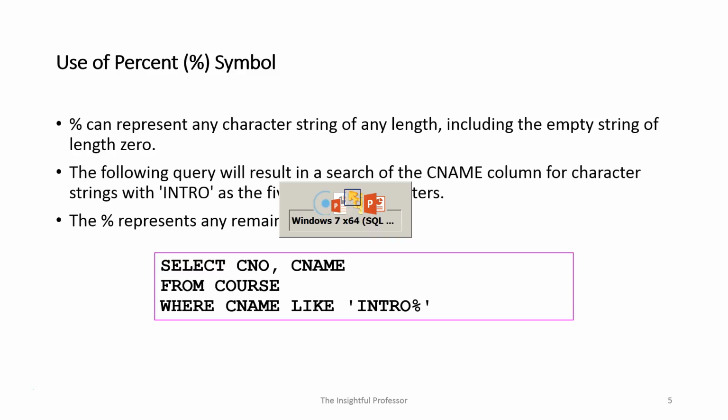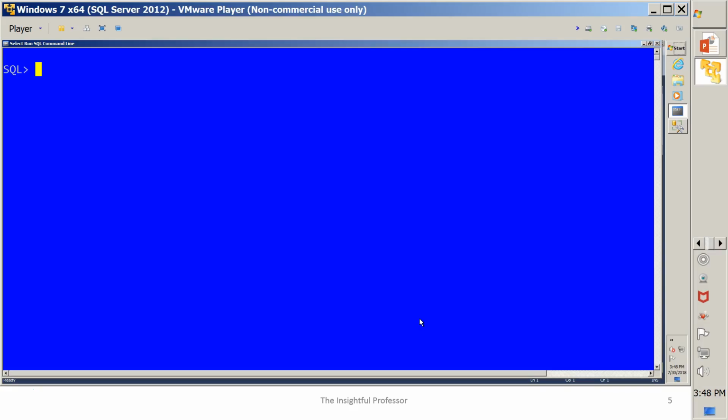Let's go ahead and give this a try. Go into Oracle, and we'll say select course number, course name from course, where the course name resembles, looks like, or is similar to I, N, T, R, O, and then anything after that.